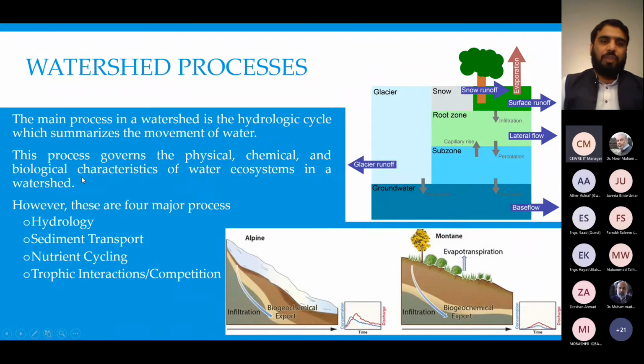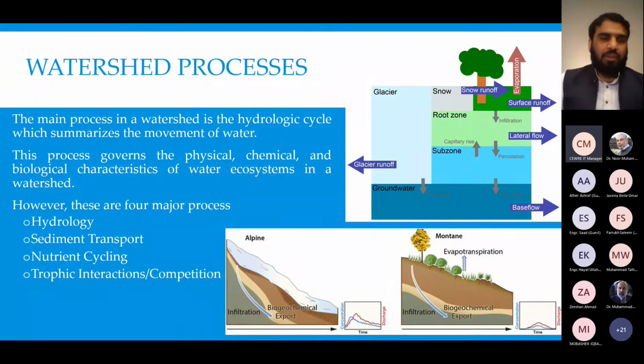There are four major processes: hydrology, sediment transport, nutrient cycle, and the trophic interaction. The connection between the organisms and the plants is the major factor.